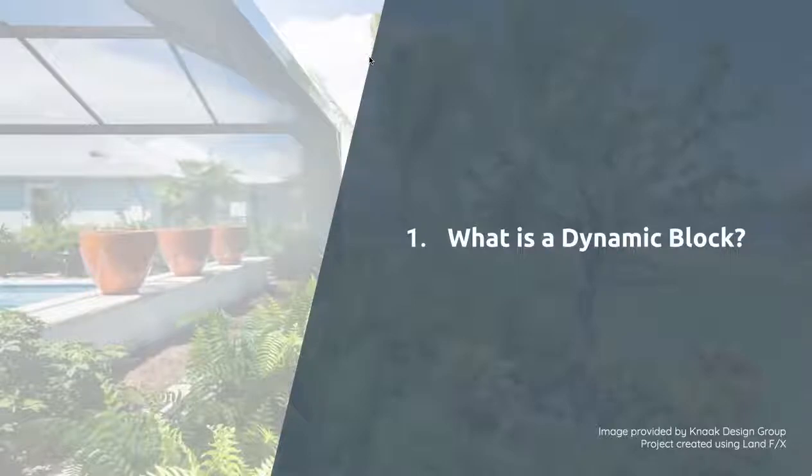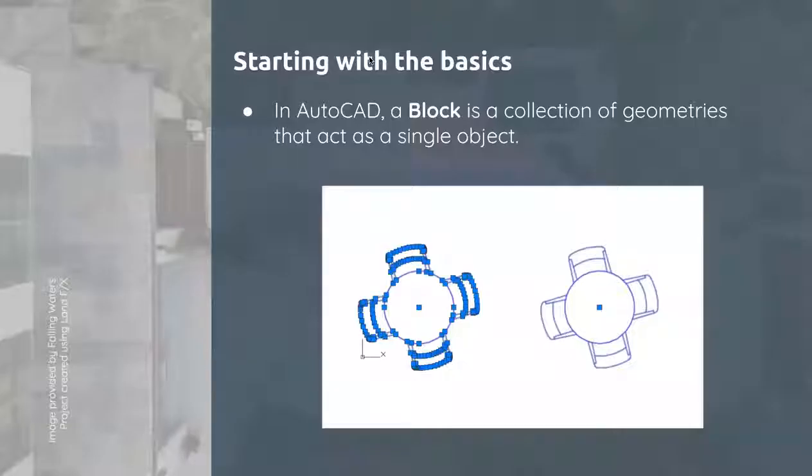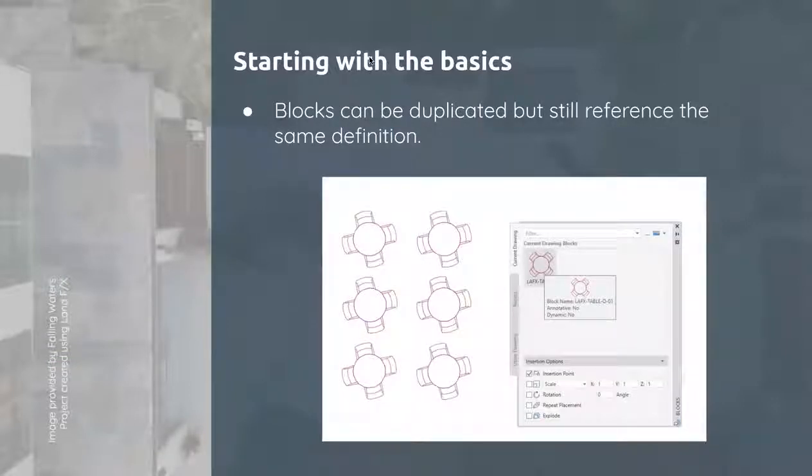So let's get into what a dynamic block is. First off, we should all know what a block is in AutoCAD. It's just a collection of geometries that act as a single object. So in this image, we have some line work on the left, various arcs, shapes, vertices and everything. And after that's blocked, it becomes a single item. And these are valuable because they're all grouped together in a single entity.